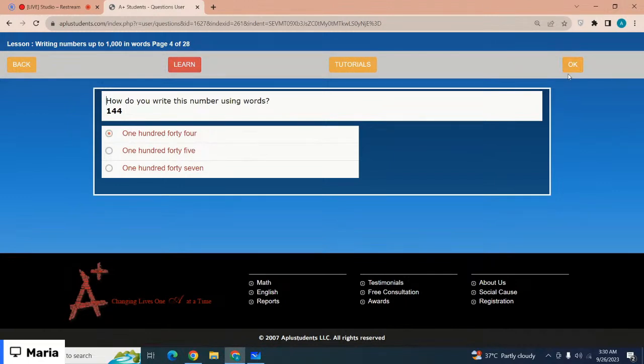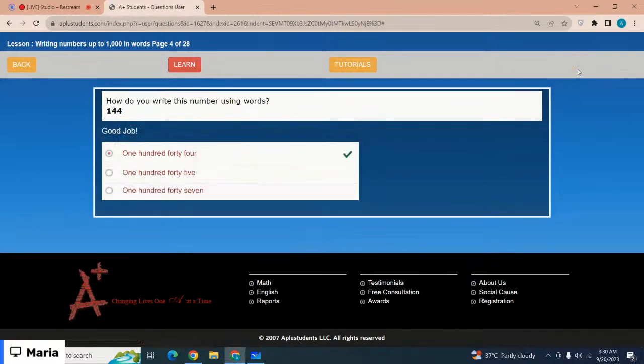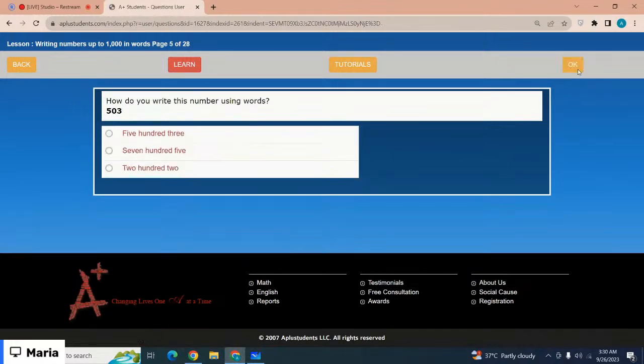Option number 1 is the correct option. How do you write this number using words? Which is the correct option? Very good. That is 503. So option number 1 is the correct option.